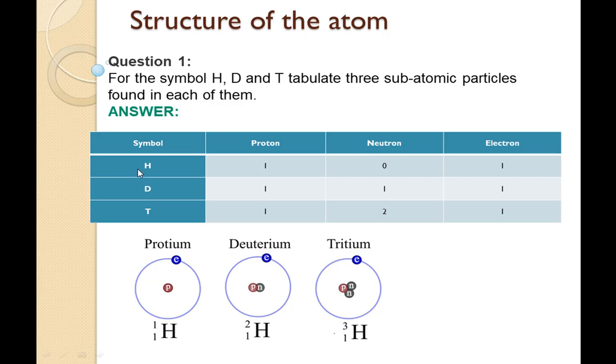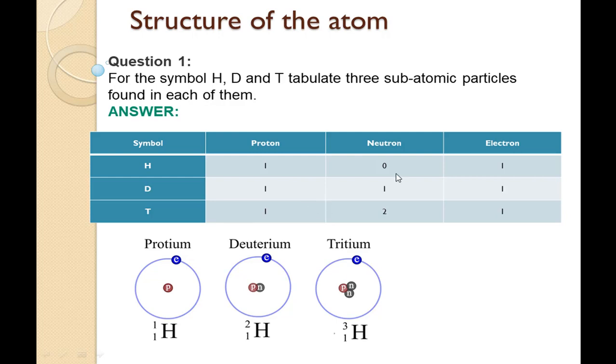So, in hydrogen or protium, as the atomic number is 1, there is 1 proton and 1 electron. How many neutrons are there? Mass number minus atomic number, you will get 0. 1 minus 1, 0. In deuterium, atomic number 1, so proton and electron are 1 only.